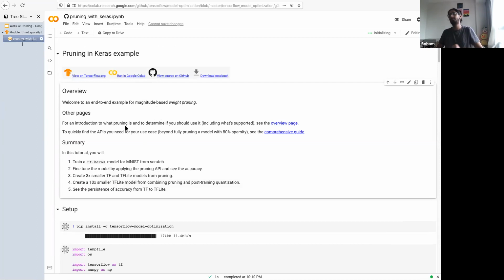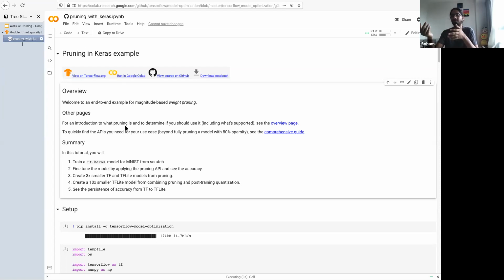Okay, so what we'll do here is we'll train a very simple MNIST neural network, and then we'll try to do weight pruning, and we'll see how doing that weight pruning affects the accuracy of the network, and how much space we can save.